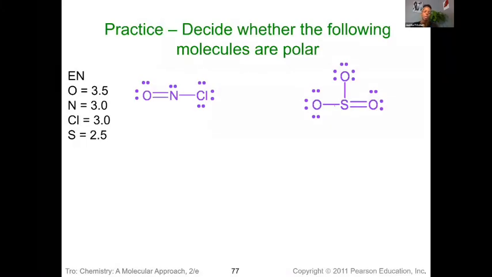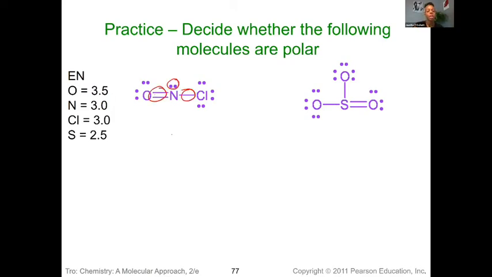Okay. And so now let's try predicting whether these would be polar or non-polar. Again, we do not look at the Lewis structure. We got to think about, well, what geometry would they have? For the NClO, we would know that we have 1 lone pair, 2 bonding regions.